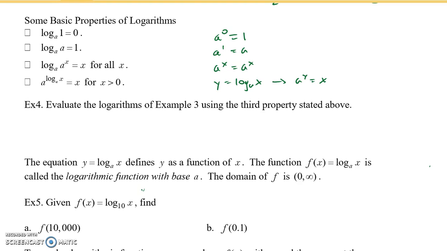Example 4 says evaluate the logarithms of example 3 using the third property stated above. So in example 3, the first logarithm we evaluated was log base 5 of 25.